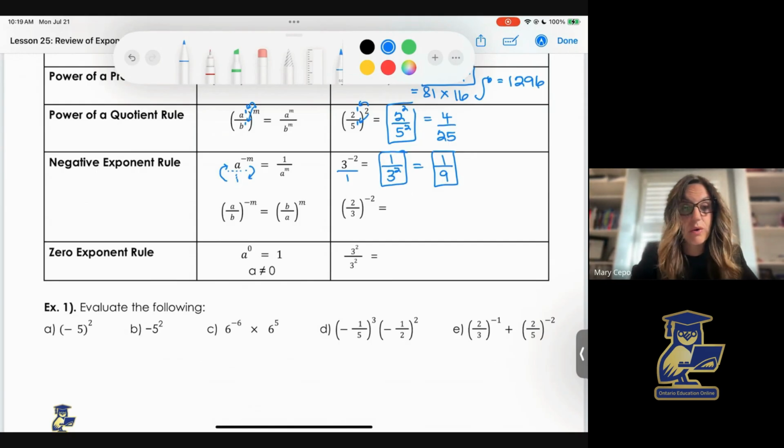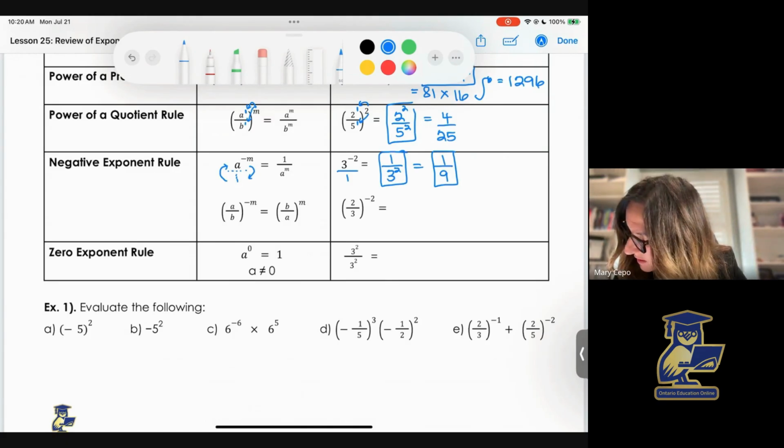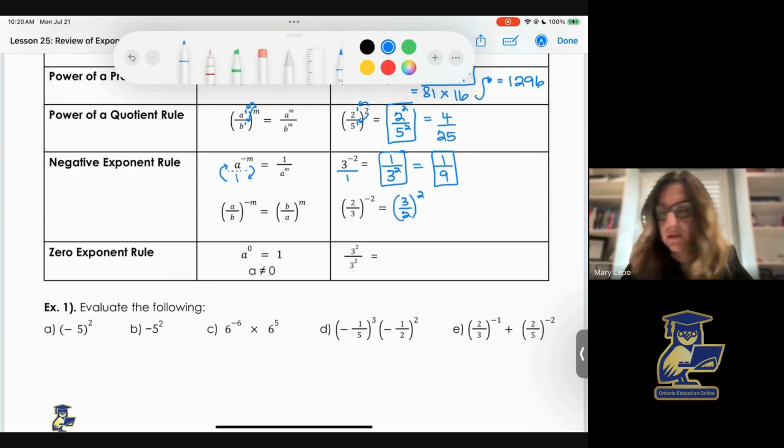If, however, you have a fraction to start with as your base and you have a negative exponent, by taking its reciprocal, you're basically just flipping. The numerator becomes a denominator, the denominator becomes a numerator, the exponent becomes positive. So you've taken that reciprocal. In this case, we would take 3 over 2, take the reciprocal. That means the exponent becomes positive 2.